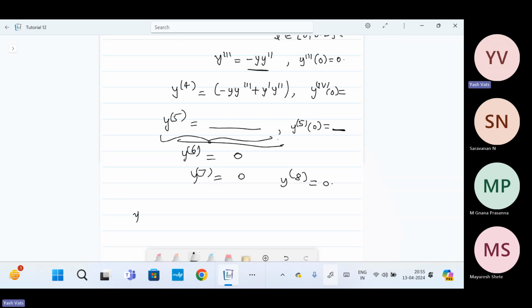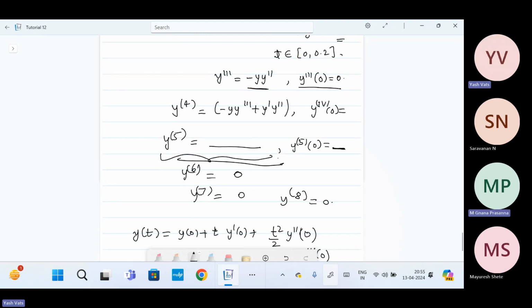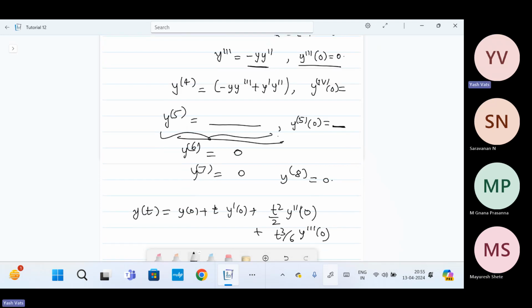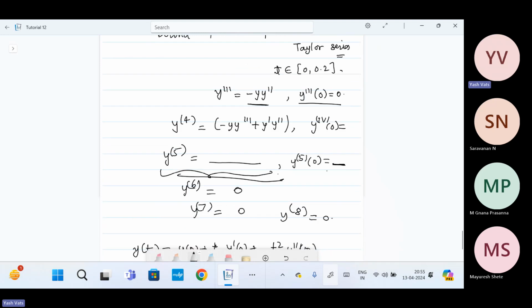So the Taylor series says that y(t) is y0 plus t into y dash 0 plus t square by 2 y double dash 0 and so on. What is the value you are getting? You are getting y triple dash 0 to be 0, and y double dash 0 is 1.